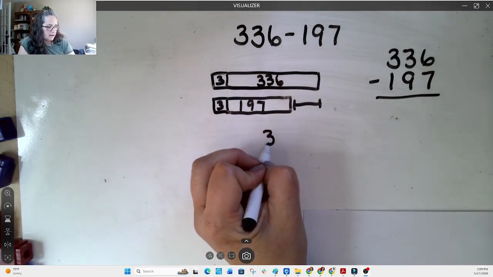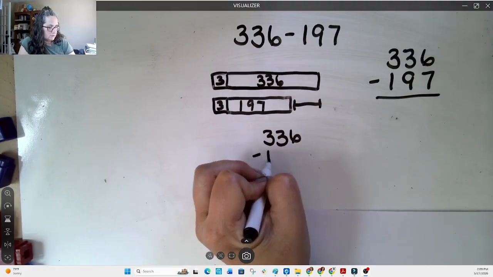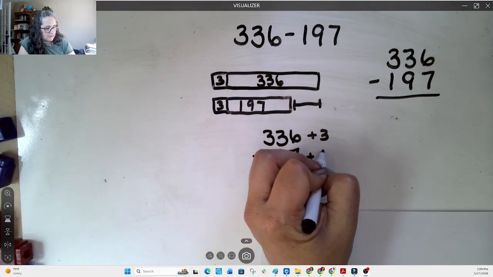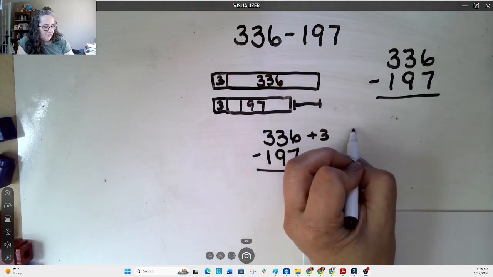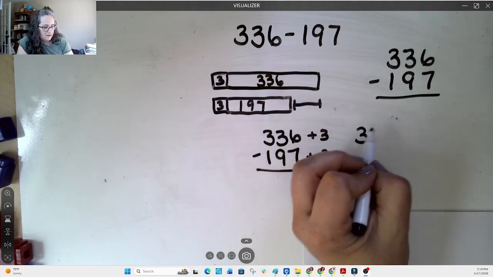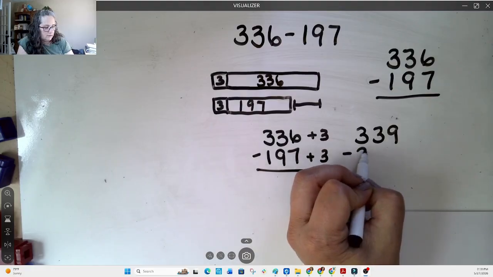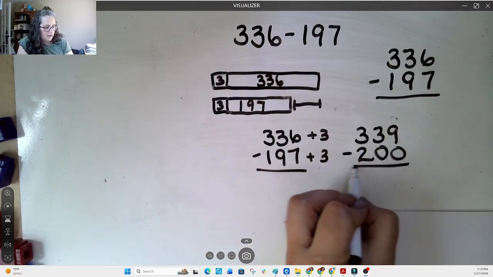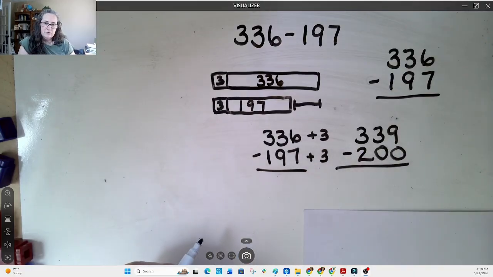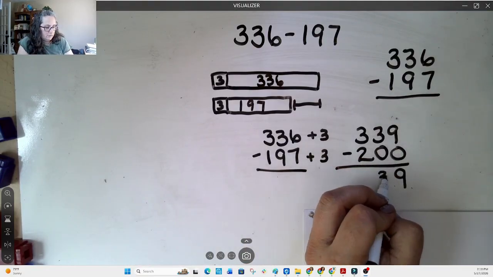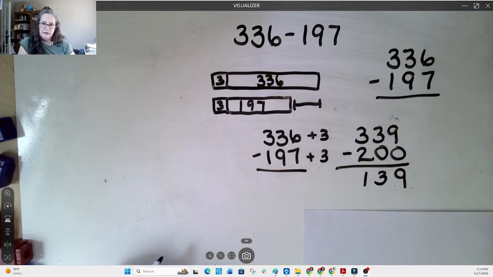So when I start with 336 minus 197, and I add 3 to the top and the bottom number, I will get 339 minus 200. And I no longer have to regroup at all. Now I have 139.